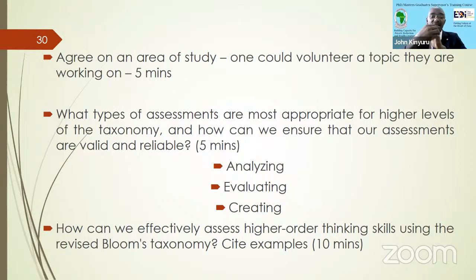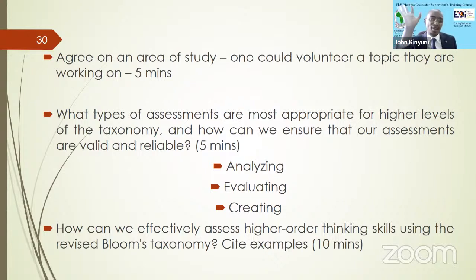And then we ask, how can we effectively assess higher order thinking skills using the revised Bloom's taxonomy? And you cite examples. I'm going to paste these questions on the chat, and you can pick them from there, because when you go into your groups, you may not be able to see them.